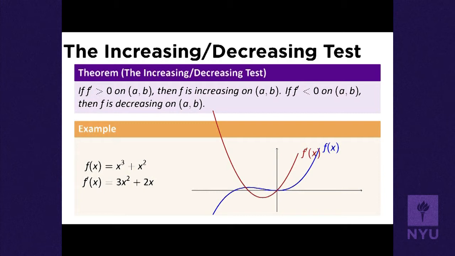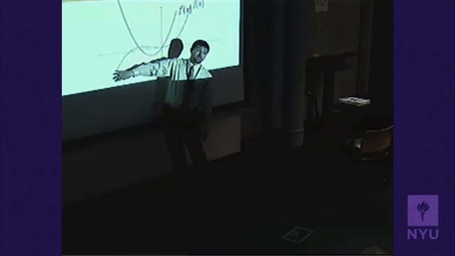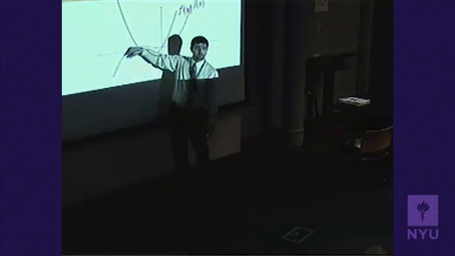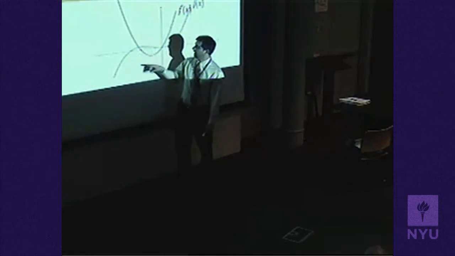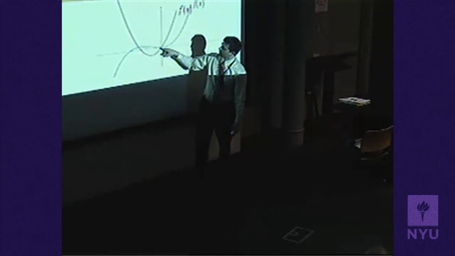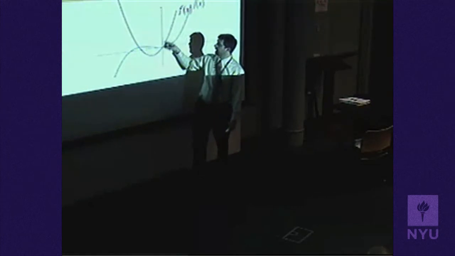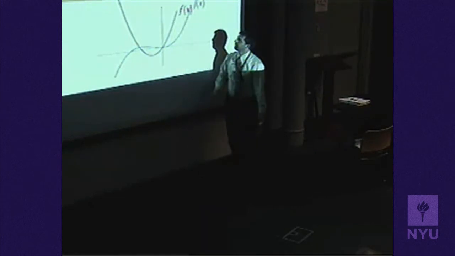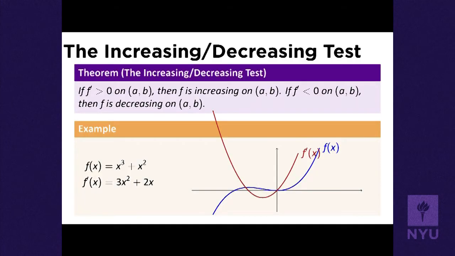And you can see that where the derivative is positive, the derivative is here in red, the function is increasing. Now the function could still be negative, but it's increasing when the derivative is positive. Here the derivative is negative, and you see on this interval right here the function decreases. Then the derivative changes to positive, and the function changes to increasing as well.